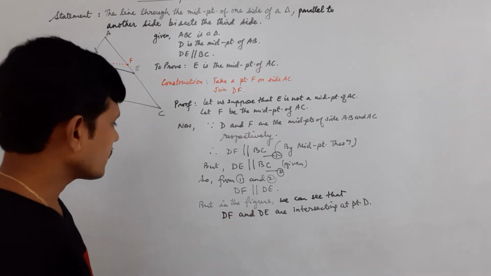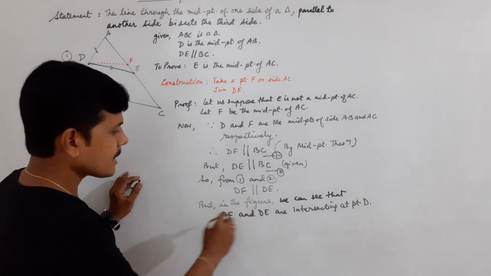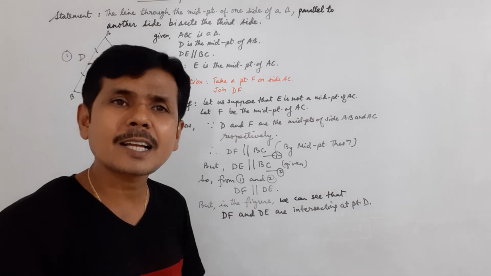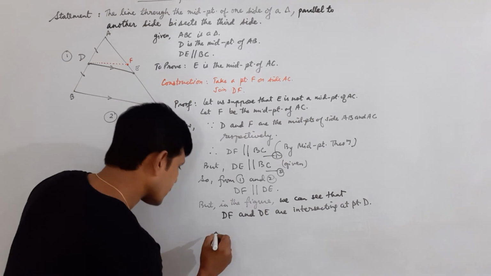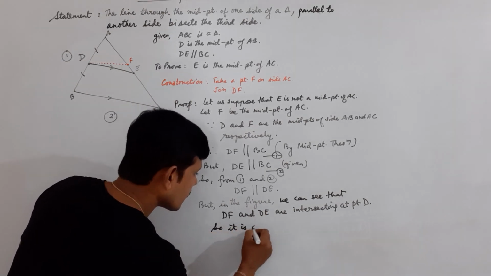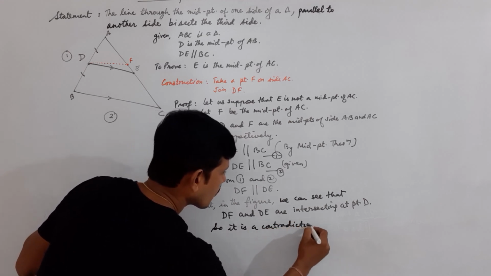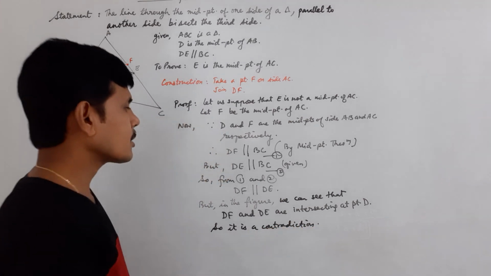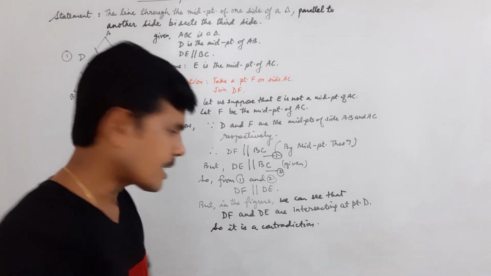So we can write over here: in the figure we can see that DF and DE are intersecting at point D. So this is a contradiction. What is that contradiction? That two parallel lines never intersect.